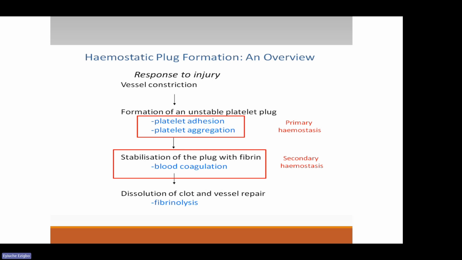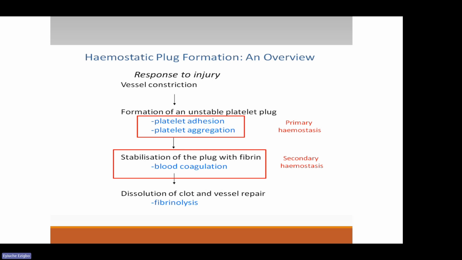And that is when the process of secondary hemostasis comes into play. The secondary hemostasis essentially leads to the stabilization of the plug with fibrin. It essentially converts that fibrinogen into fibrin, which is more stable than the platelet plug, and that is the role of secondary hemostasis.